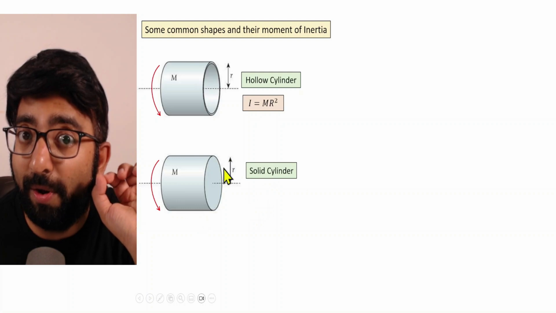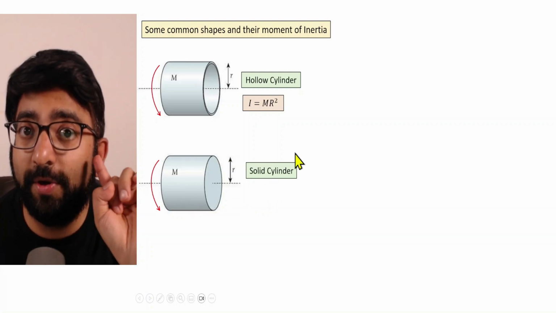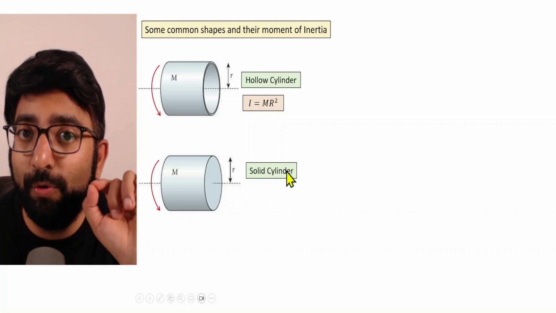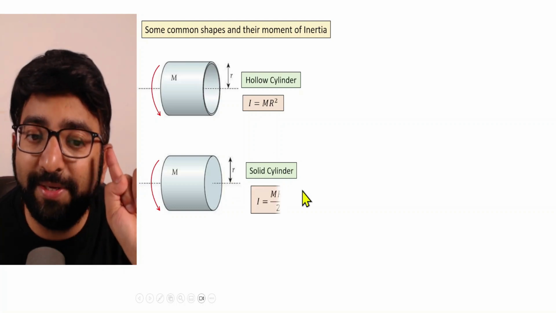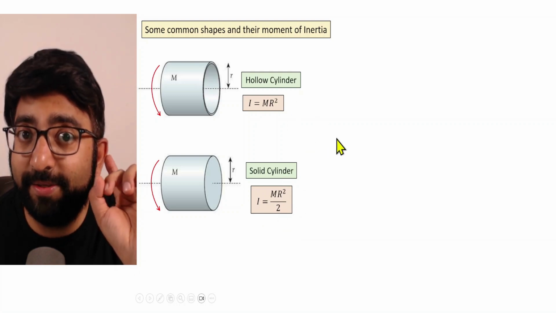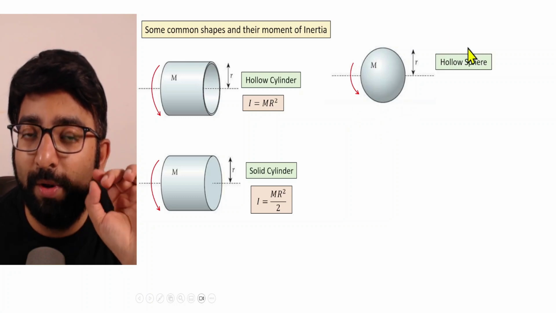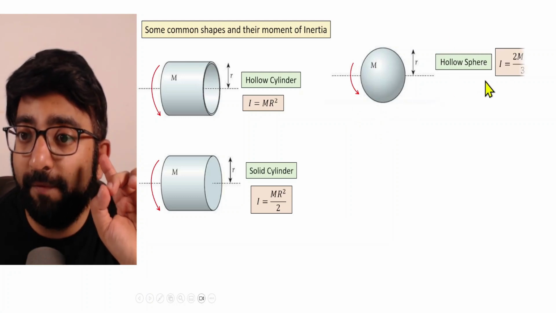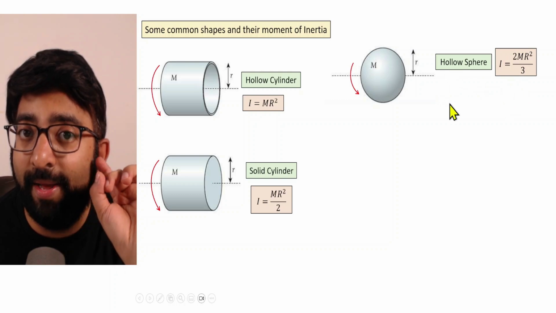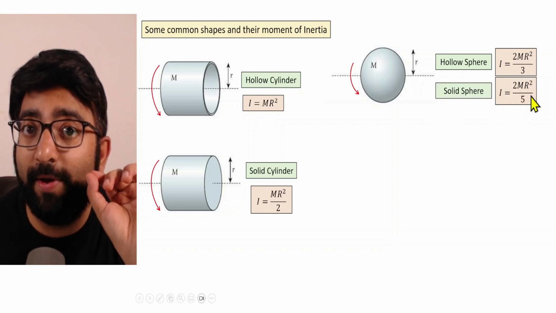Similarly, if we consider a solid cylinder, mass M and radius R, moment of inertia of a solid cylinder is equal to the moment of inertia for a disk, which is equal to MR square by 2. So this was the case of cylinders. Now we consider a sphere, a ball. If the sphere is hollow, moment of inertia is 2 by 3 MR square. And if we have a solid sphere, then moment of inertia is 2 by 5 MR square.